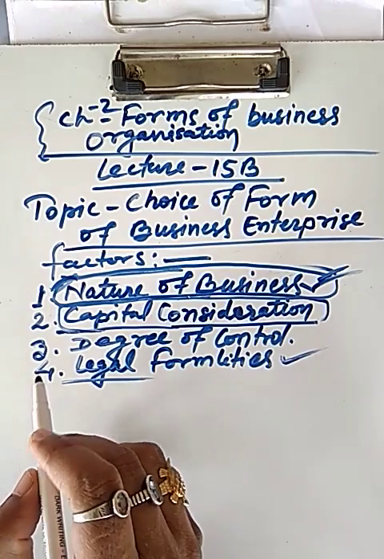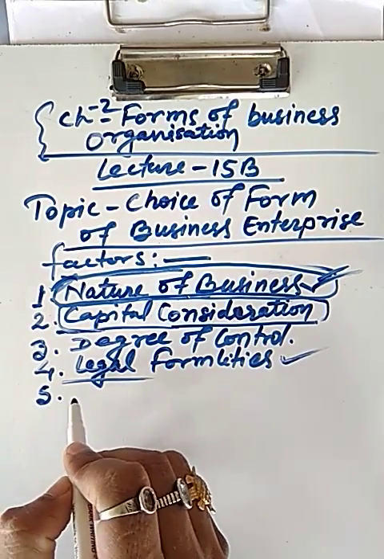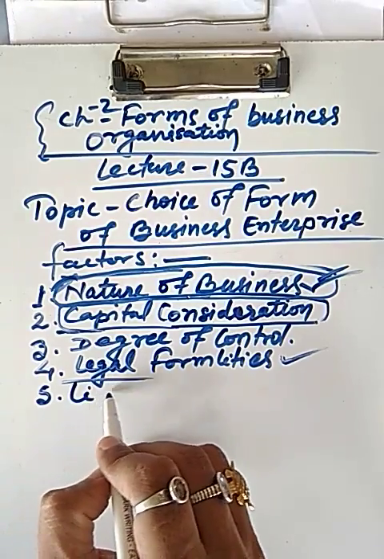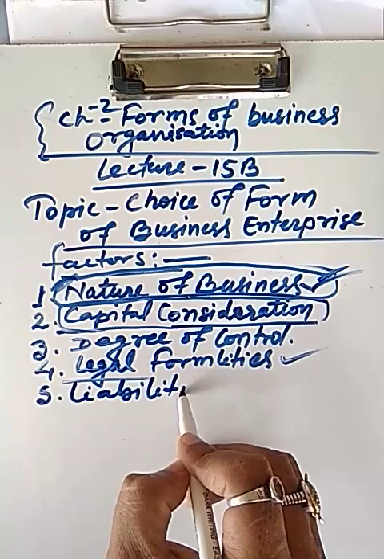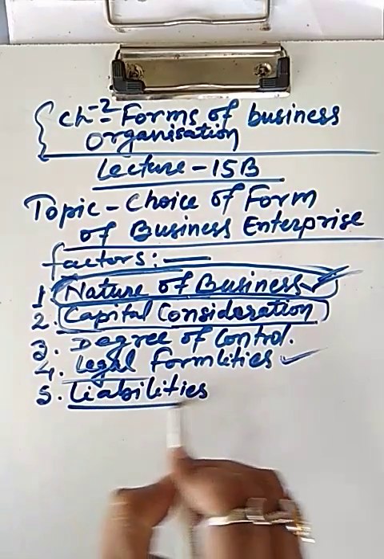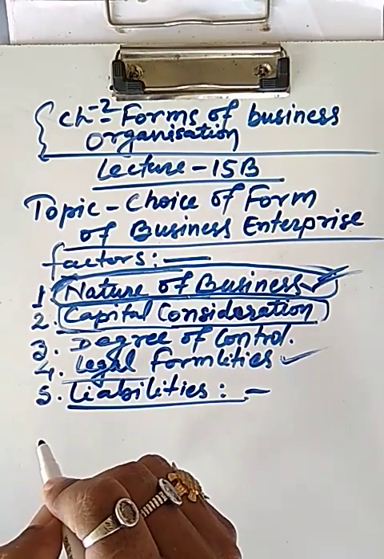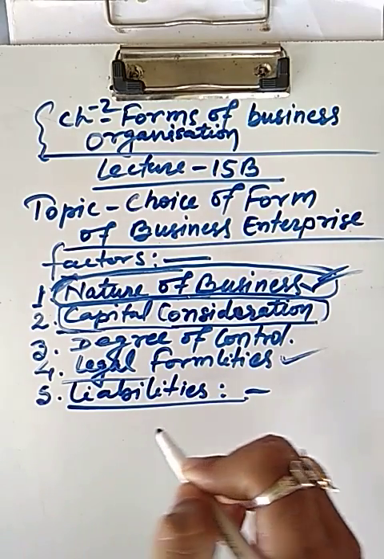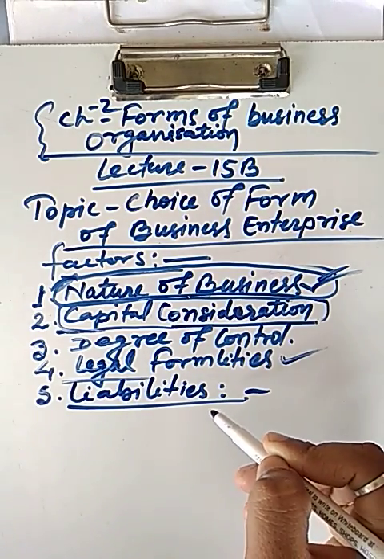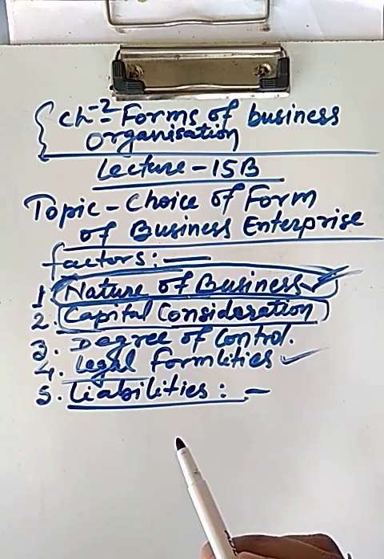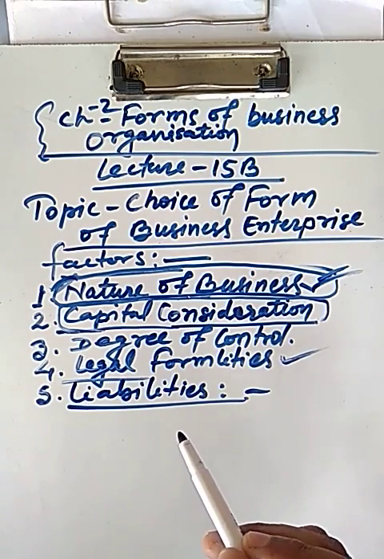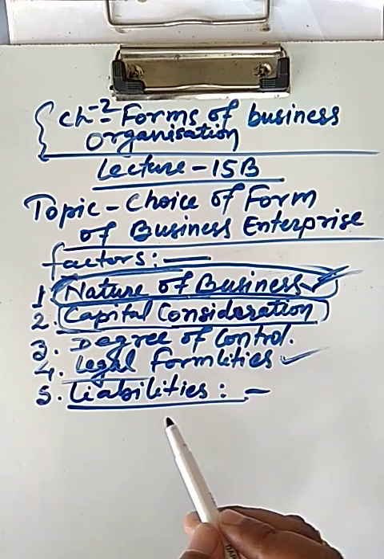Now, fifth point, liability. Another important factor which helps in selecting the form of business enterprises is the degree of risk involved.